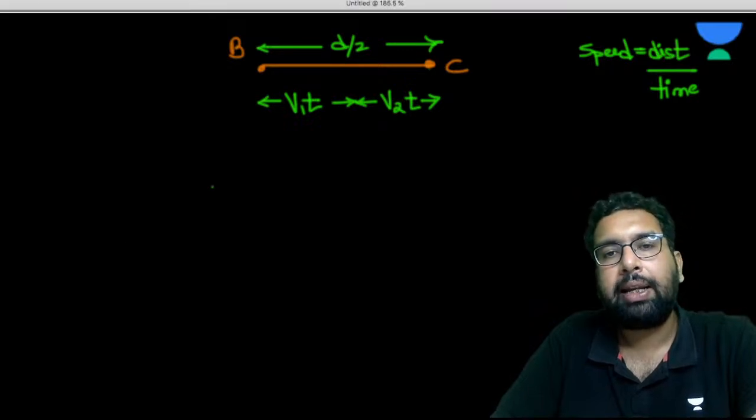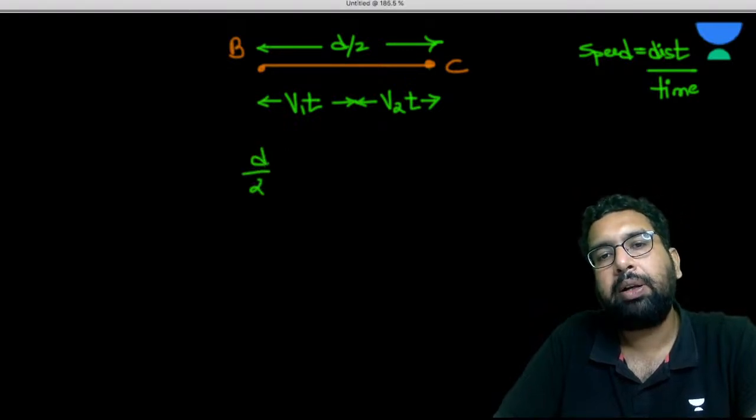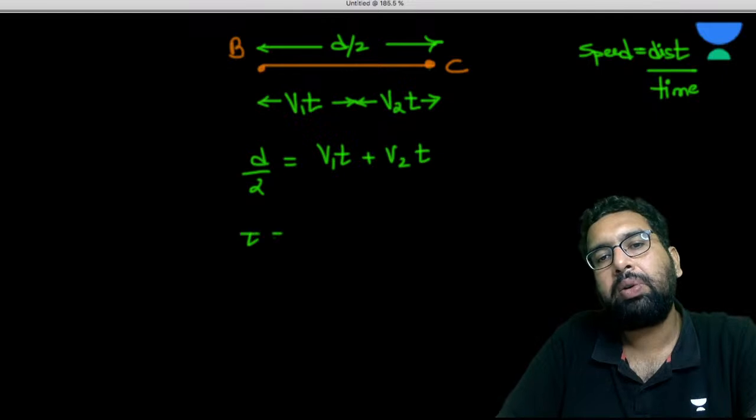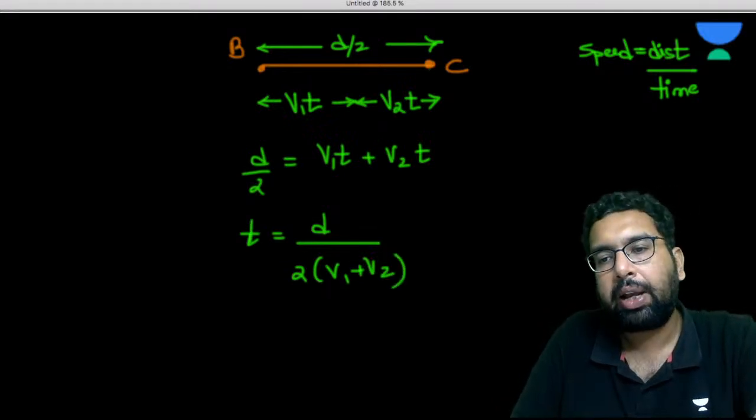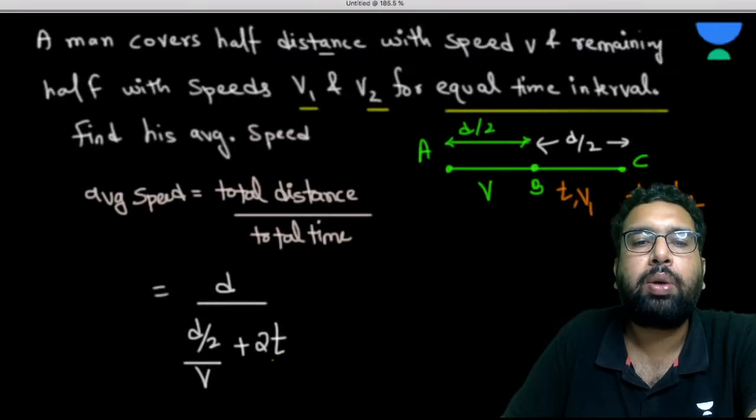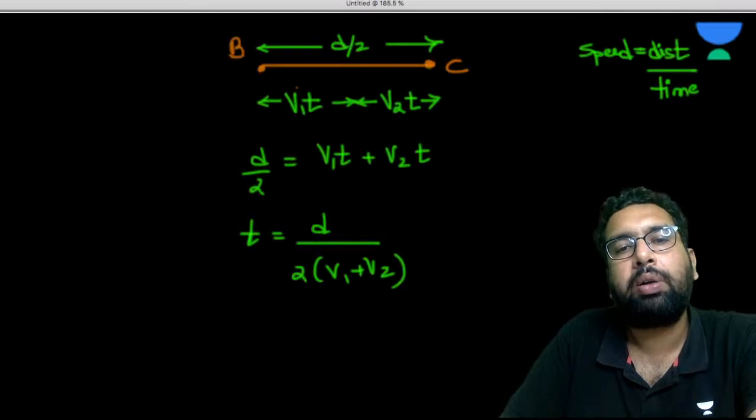So can I write from here that d by 2 is equal to v1t plus v2t? From here, can we write t is equal to d upon 2 times (v1 plus v2)? Is it or isn't it? Now, can we place this t value here? What is going to be the average speed?